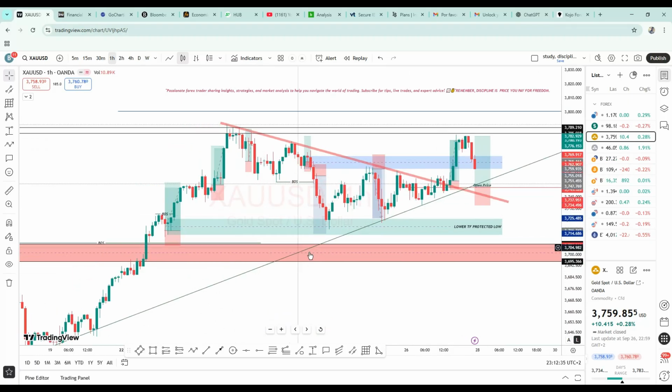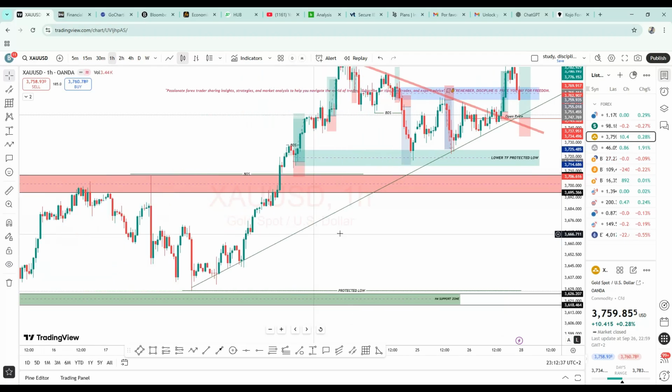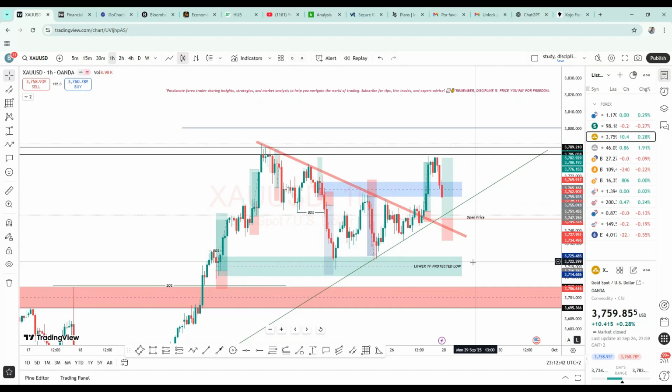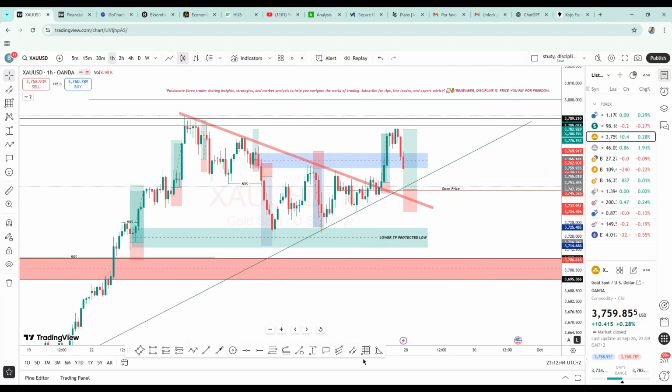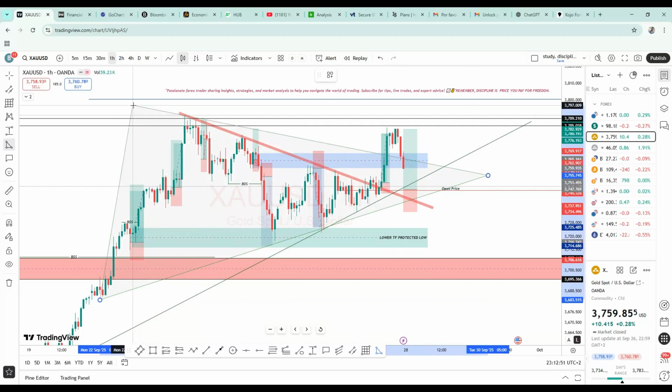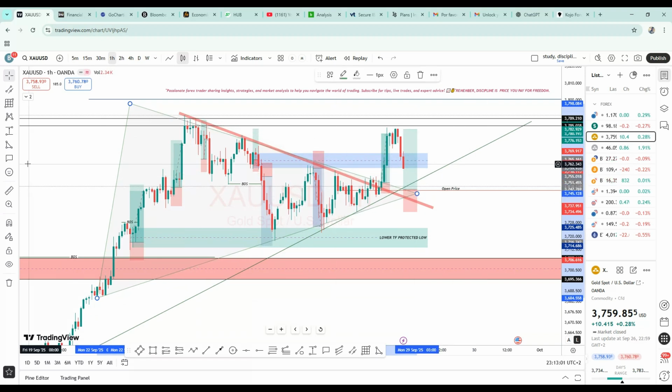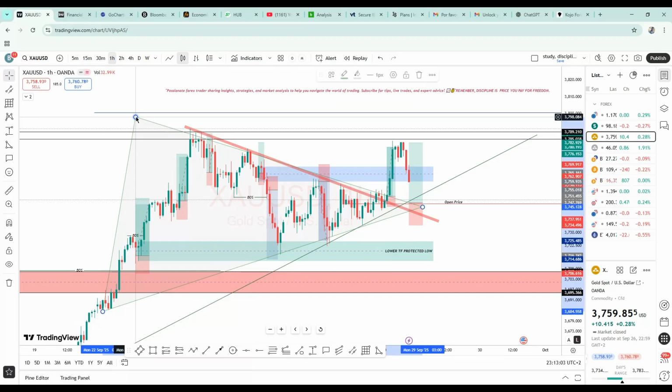This is what I was saying. This is the triangle which I just marked out on the chart right now. Before, I had the triangle like this, and then like this. Before I lastly drew this, I removed it and put in this.